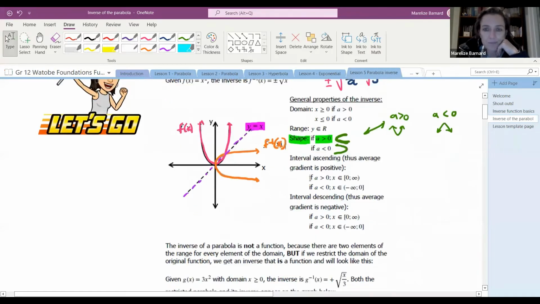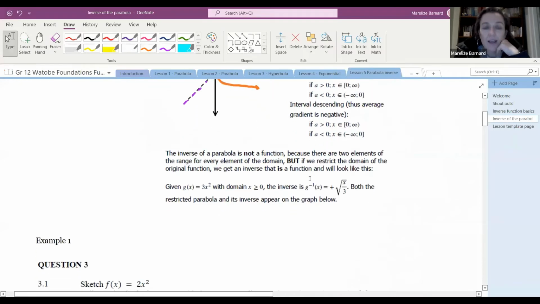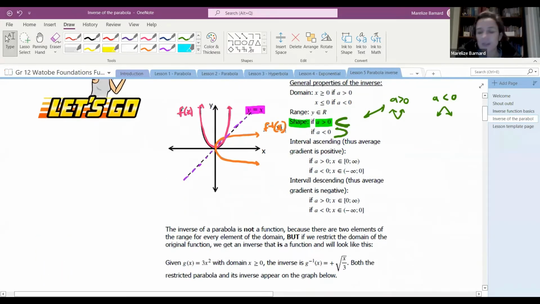Okay, right. Now, important fact. Think back when we did our vertical line test, and we said for it to be a function, that line can only cut your graph in one place.